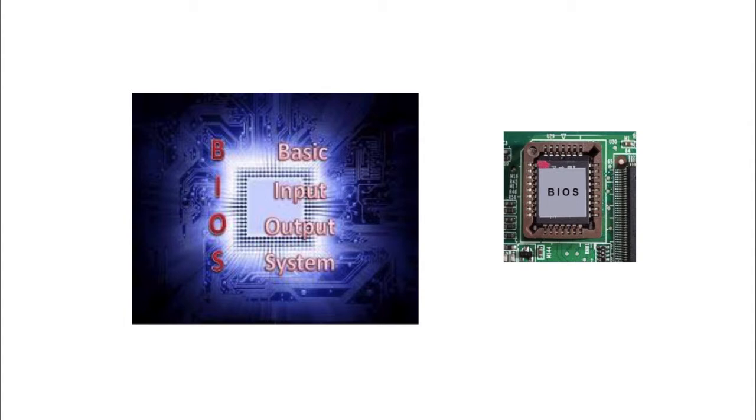A formal definition of BIOS: it is used to perform hardware initialization during the booting process and to provide runtime services for operating systems and programs. Where is the BIOS? It is located in ROM on the motherboard.